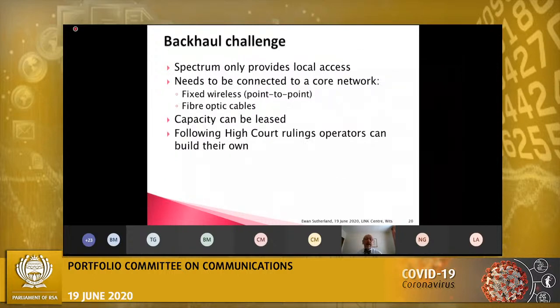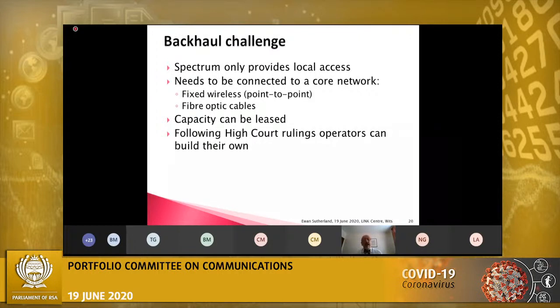Getting spectrum is wonderful, but that only gives you the last bit, the last mile, or at some of the lower frequencies that you might stretch that to 20 miles. You then need to connect to some sort of core network. That can be done with fixed wireless.